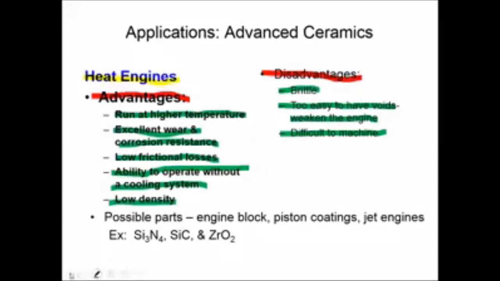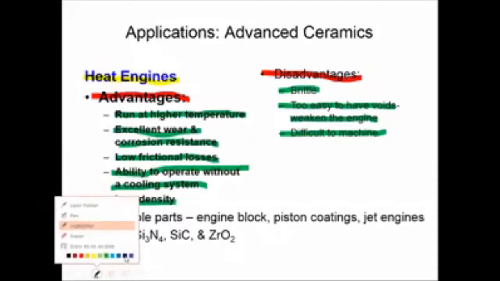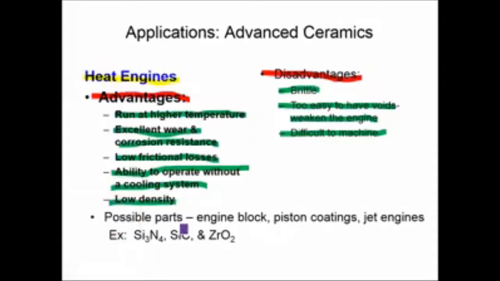And then ceramic materials may be possible to be part of engine blocks, coatings, and jet engines. Examples of the ceramic materials that we can use are silicon, this, and this.